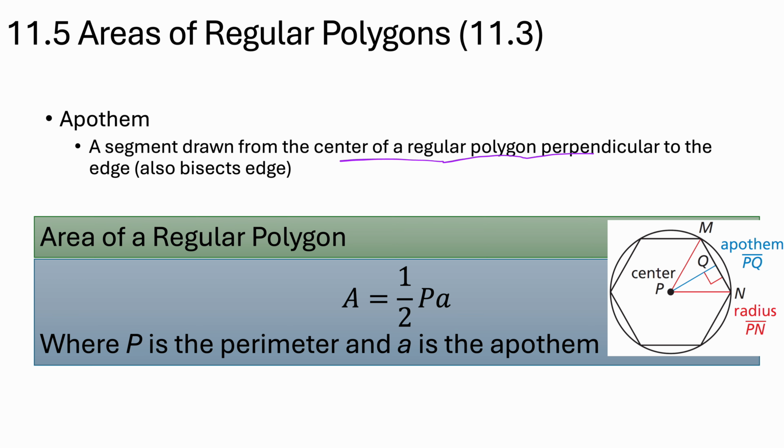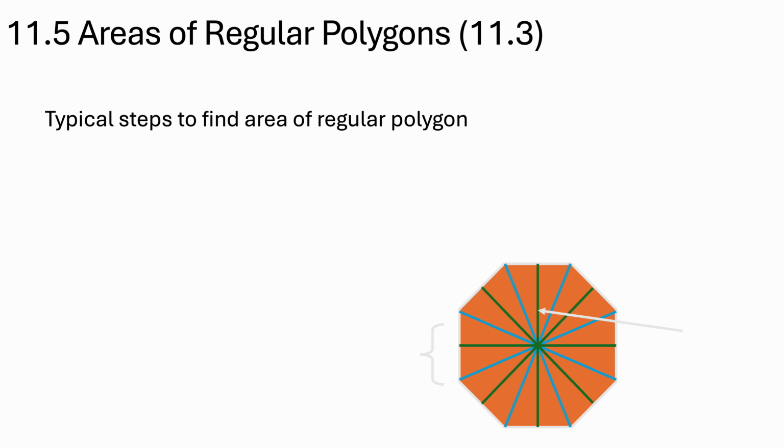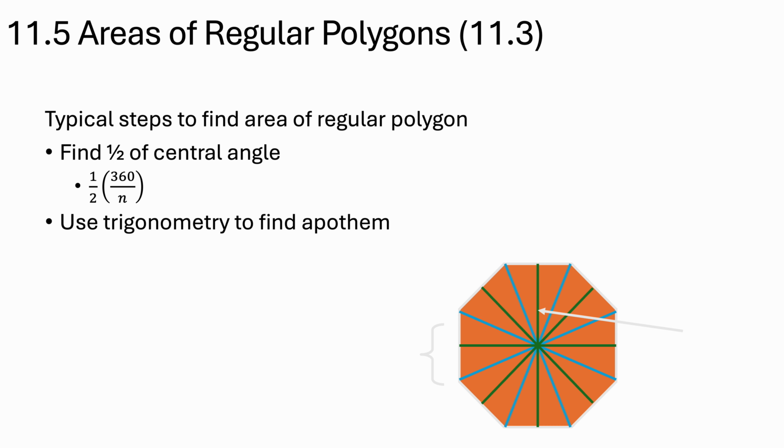It's the altitude only. Now, typical steps for finding the area of the polygon: find half of the central angle, use trigonometry to find the apothem, and then you have the formula area equals half P into A.